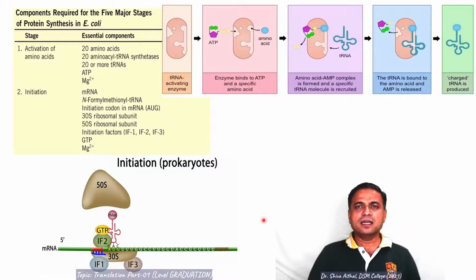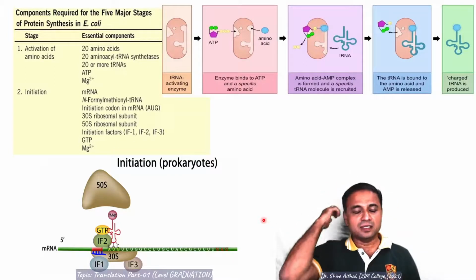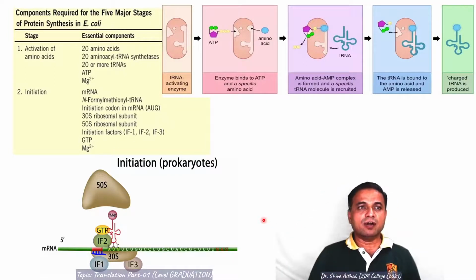So finally, coming to the function of tRNAs in this lecture, there are 5 major stages of protein synthesis in E. coli. All these stages we will be seeing in our next discussion, part 2 of this lecture. But I will just give you a brief summary of how these 5 stages are worked out. The first is activation of amino acids.